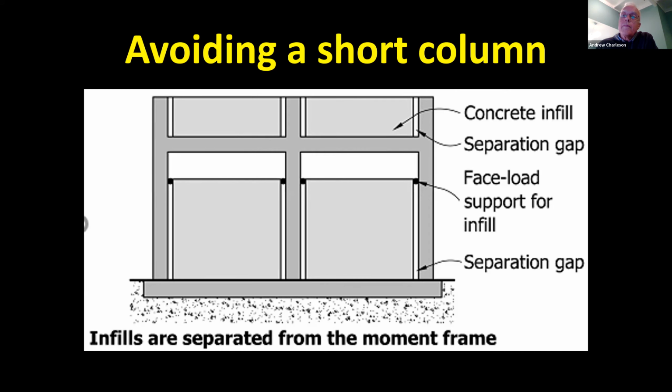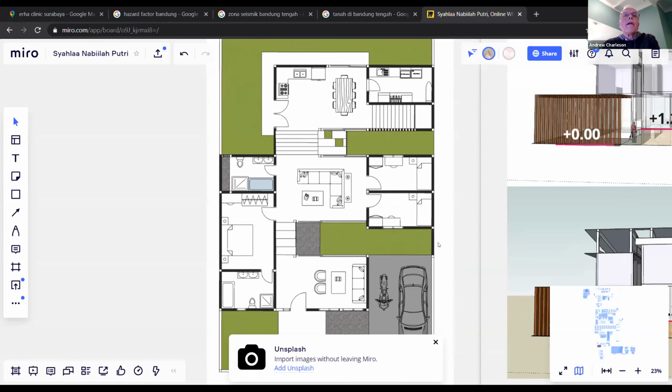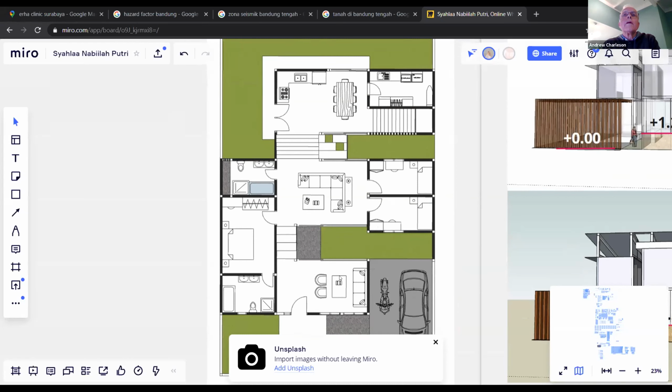Okay. Hello, Mr. Andrew. I will ask about my studio project task, and I want to screen my plan. My plan is quite bad. The issue is I have 2 split levels in my design.